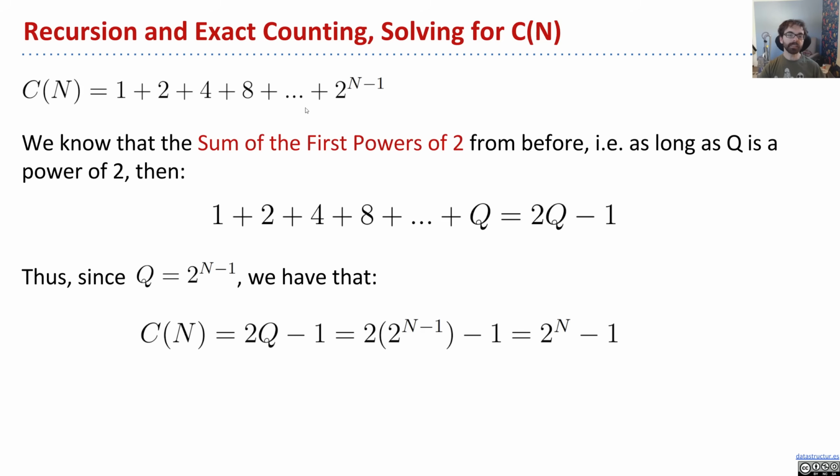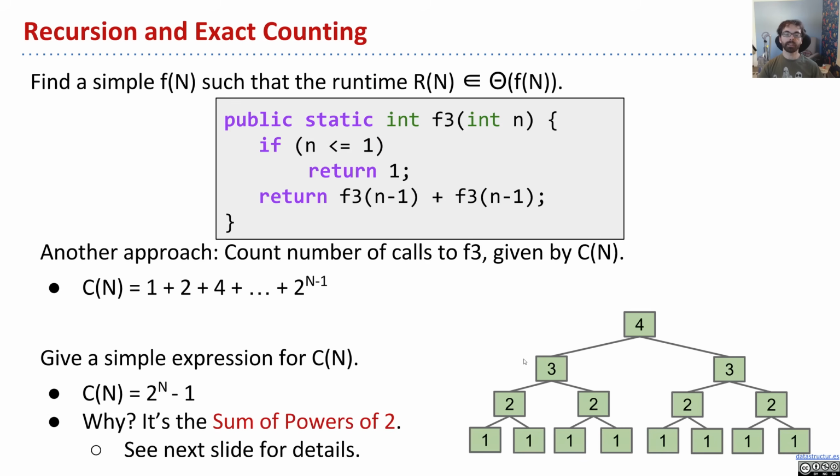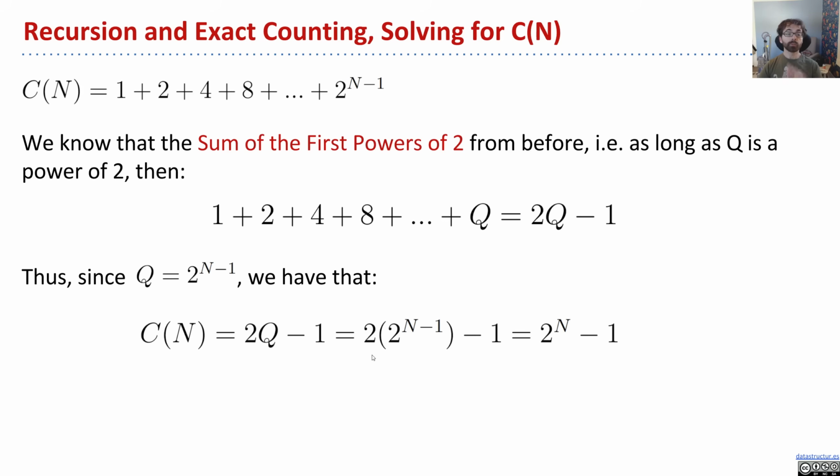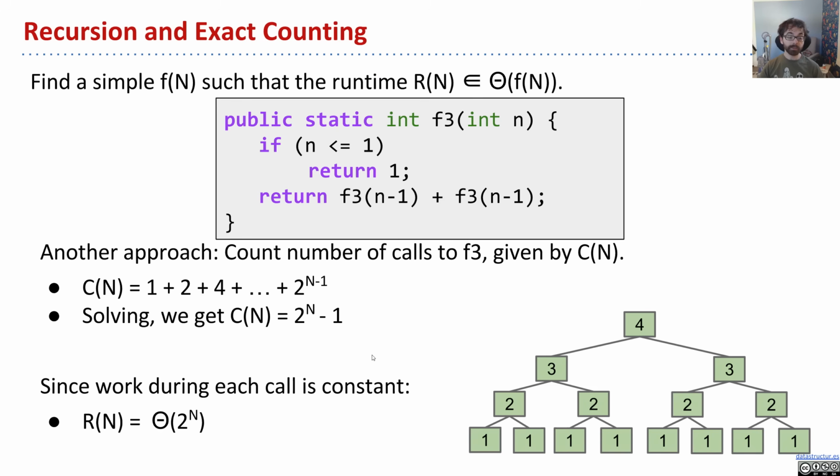Now, in this case, q is 2 to the n minus 1, that's the power of 2 we're thinking about, so c of n is 2q minus 1, which is 2 times 2 to the n minus 1, all minus 1. Therefore, if we multiply out our 2, the overall result is going to be 2 to the n minus 1. Okay, just as we said here. So that's it. We've now found the exact count.